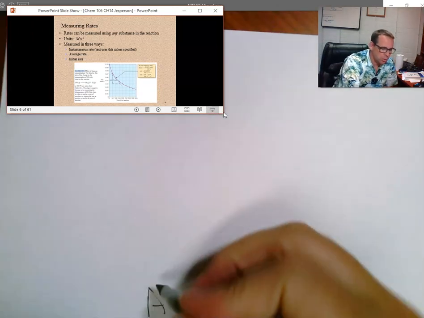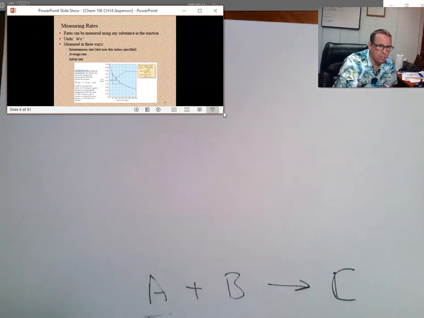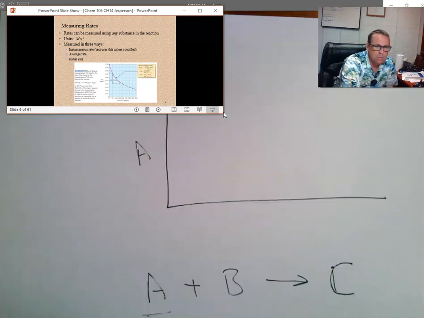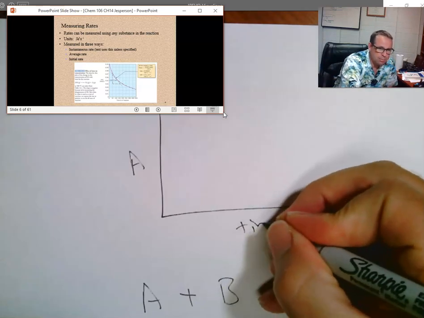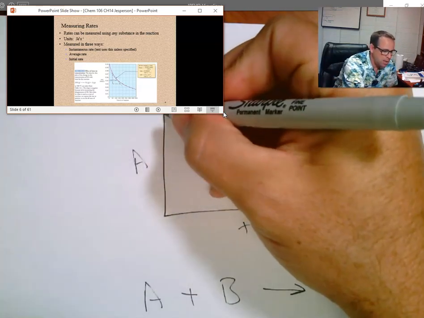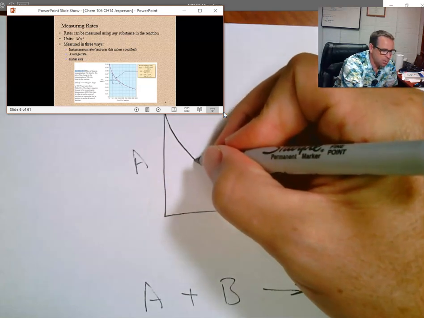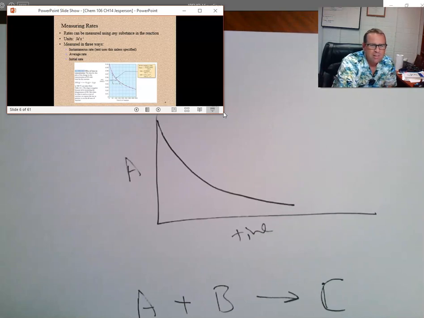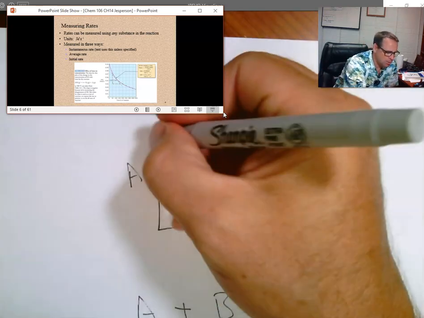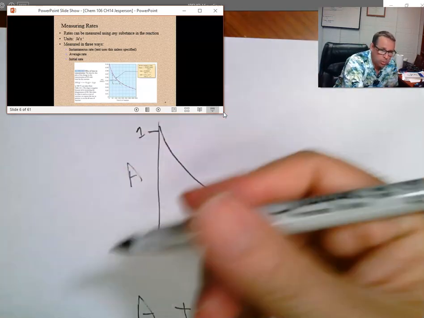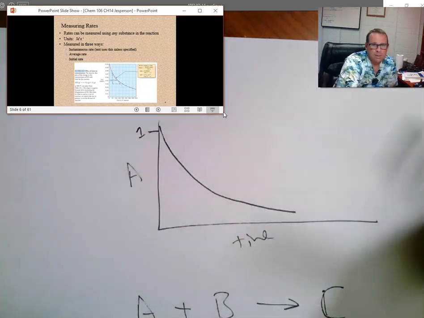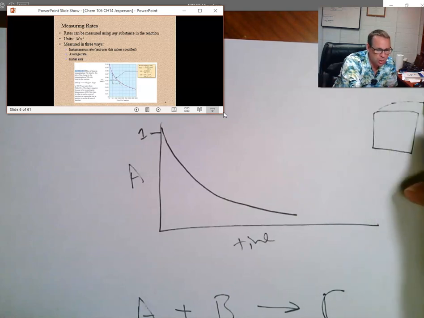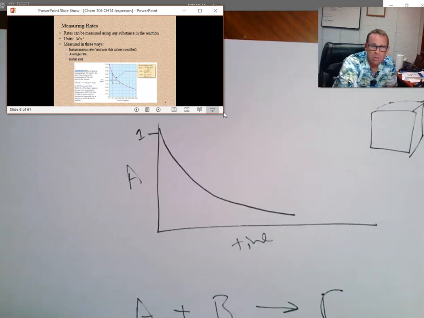Let me draw it here on a regular piece of paper. I'm going to draw the concentration of A versus time, if A disappears over time like this. If this is 1 molar, or 1 mole, it's the molarity, because we're in some fixed volume where this chemical reaction occurs.